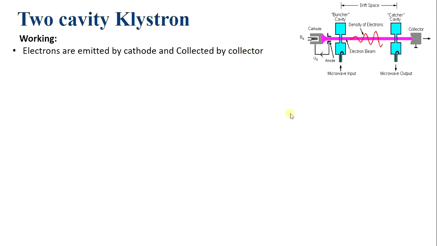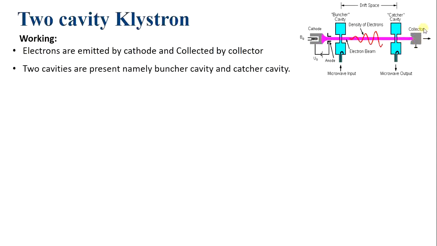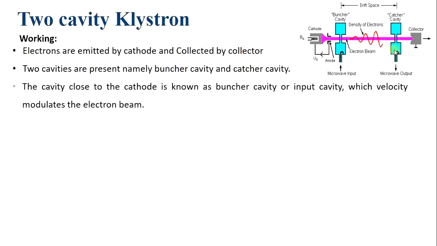As I said, there is a cathode. The electrons are emitted by the cathode and they are collected by the collector. Two cavities are present, namely the buncher cavity and the catcher cavity. The cavity which is close to the cathode is known as the buncher cavity or the input cavity, which modulates the electron beam.